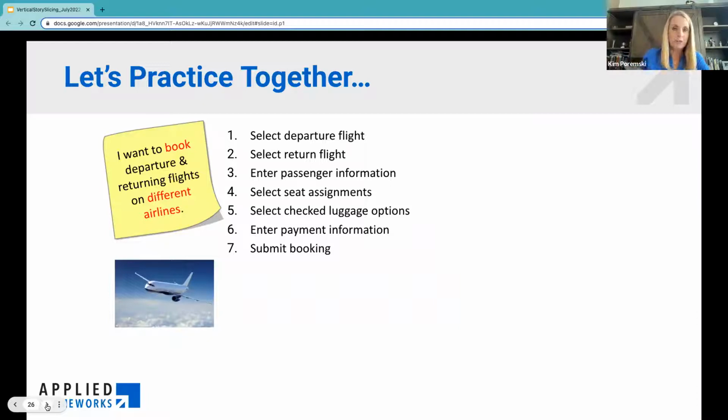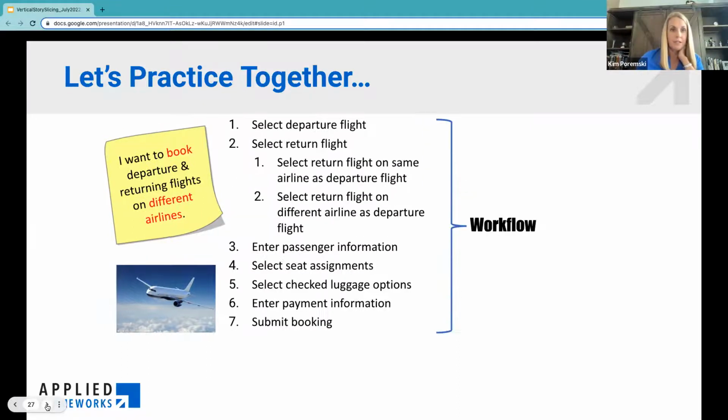I'm selecting a departure flight, a return flight, entering my passenger info, my seat assignments, and all of those things before I can submit my booking. So what we have here is a workflow. With one word, I've taken a user story and broken it down into seven potential other user stories. But I can keep going, just like in my Russian nesting dolls example.